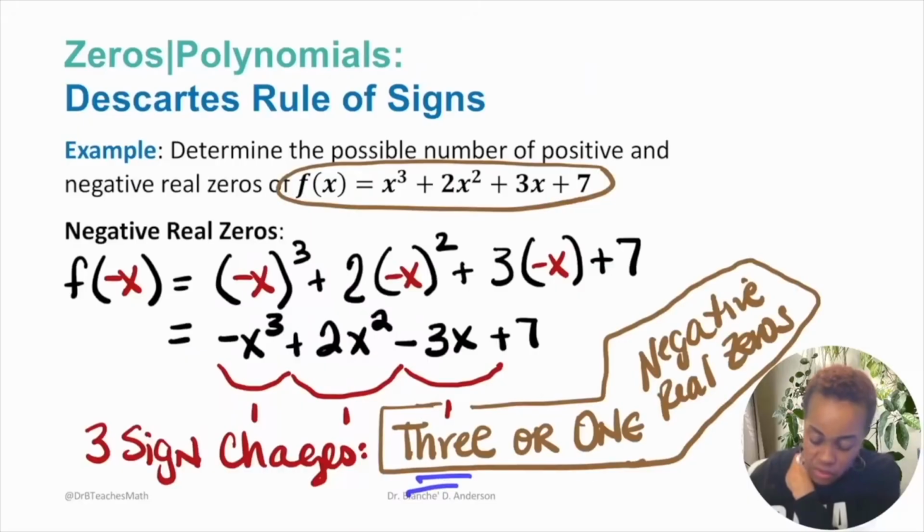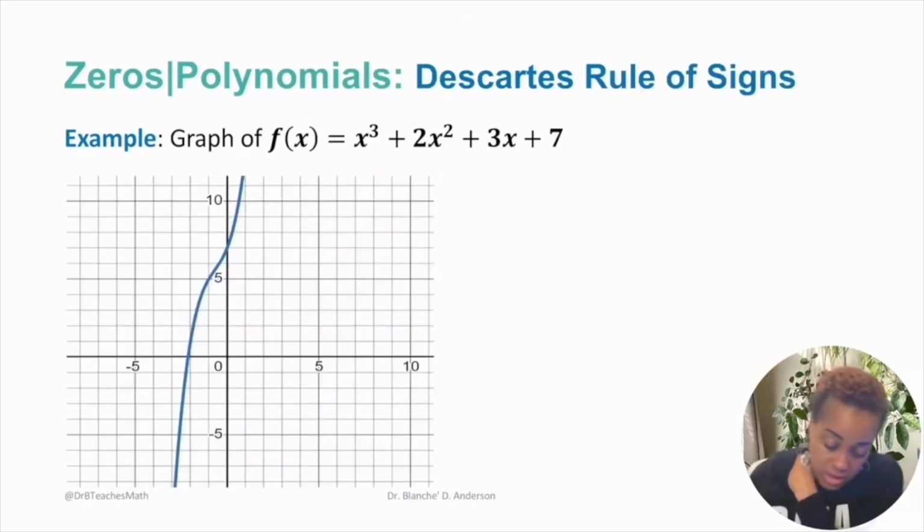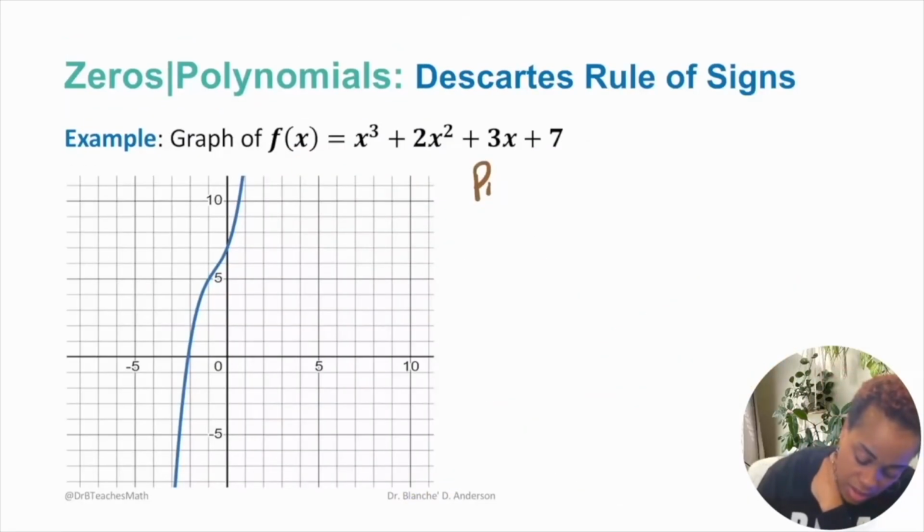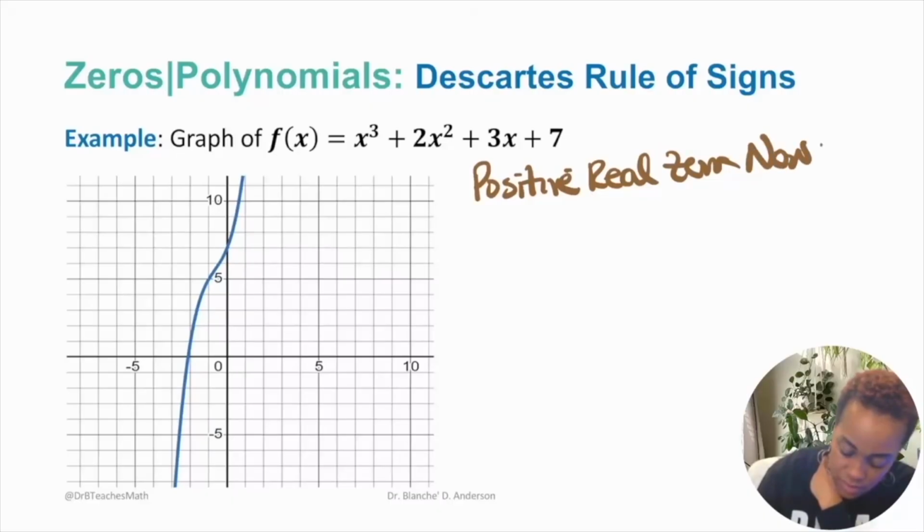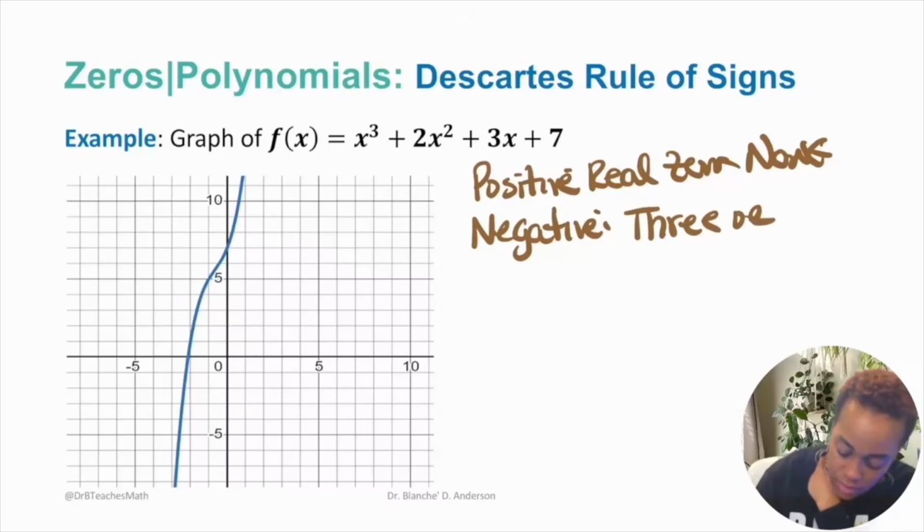We're either going to have 3 or we're going to have 1. So we had positive real zeros, there was none. And for the negative, it was 3 or 1.